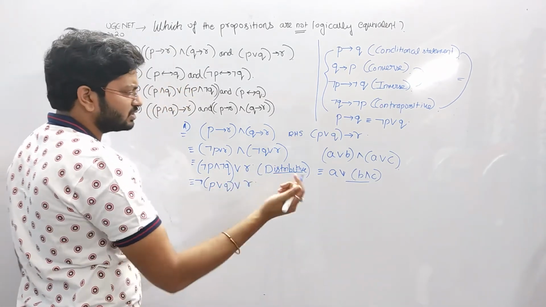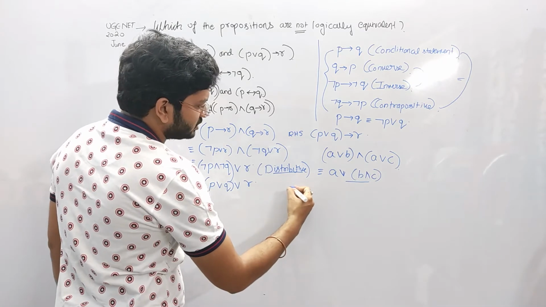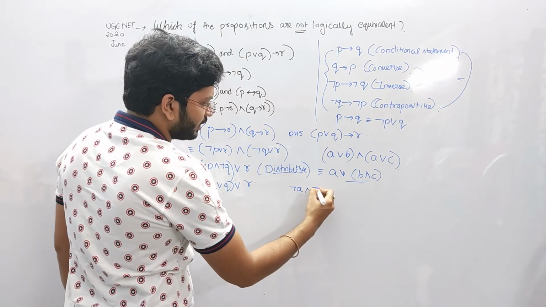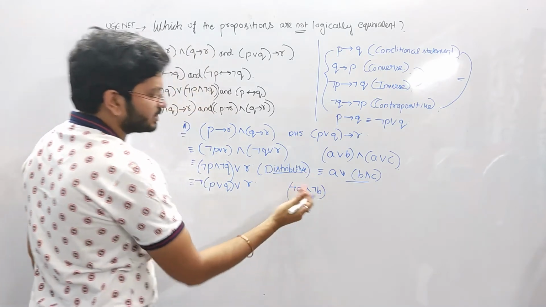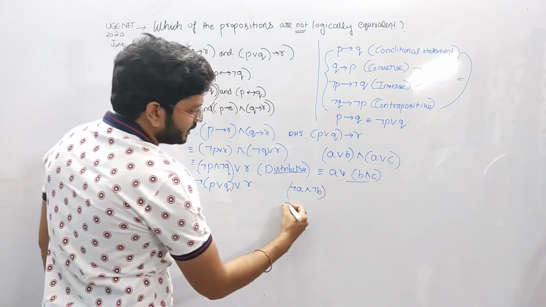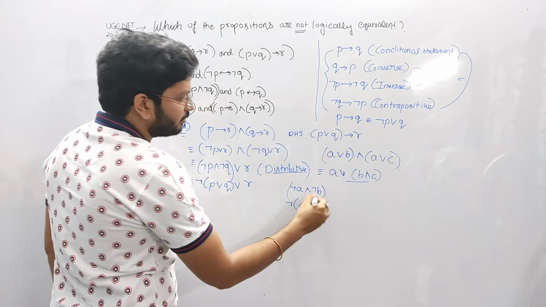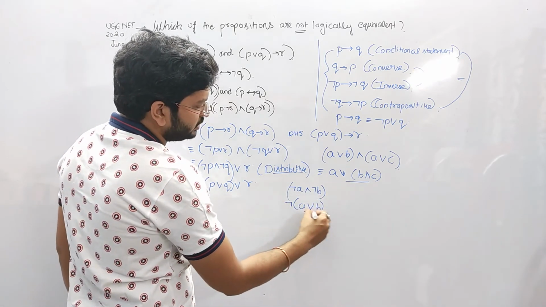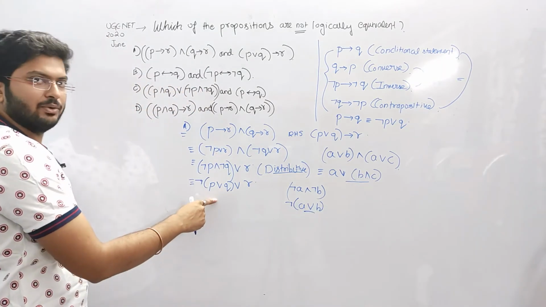If you have negation A and negation B, I have to take the negation common from here. Then if I take the negation, it will simply be A, and AND will be converted to OR, and this will simply be B. This simple step I have used here.